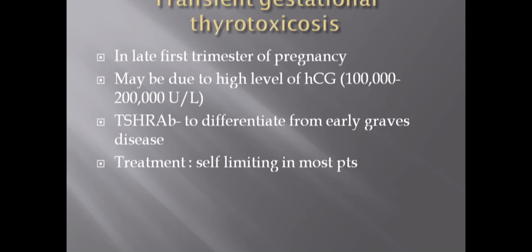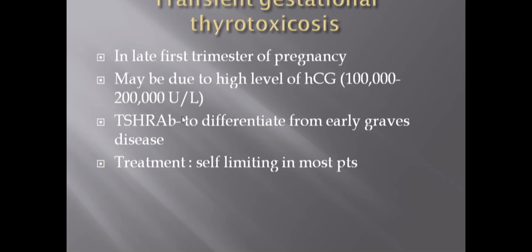Transient gestational thyrotoxicosis develops in the late first trimester of pregnancy, and it may be due to high levels of HCG. Sometimes you'll encounter inherited variants of gestational thyrotoxicosis, which develop as a result of mutation in the thyroid stimulating hormone receptor gene.